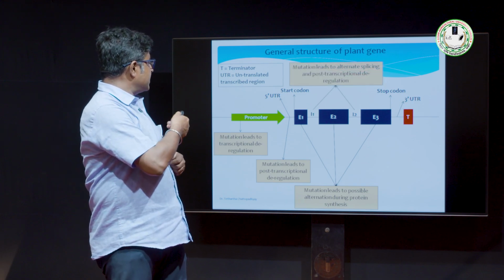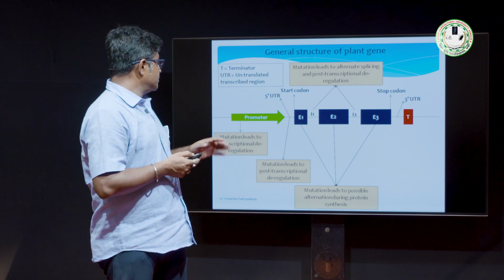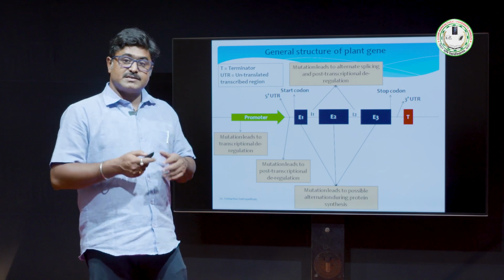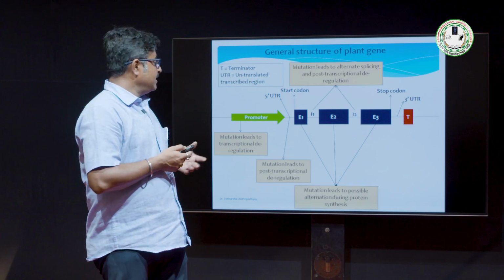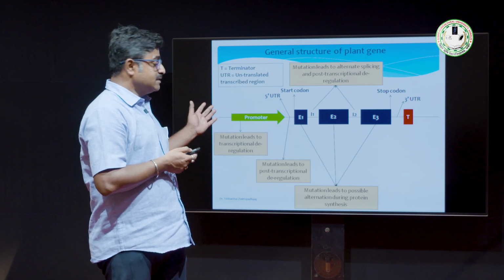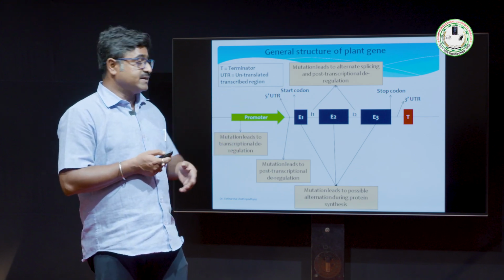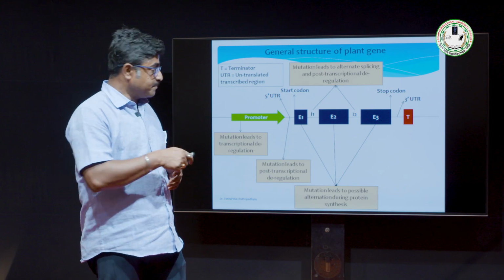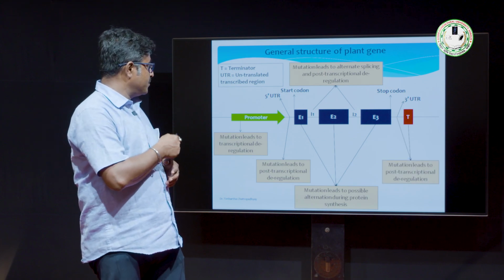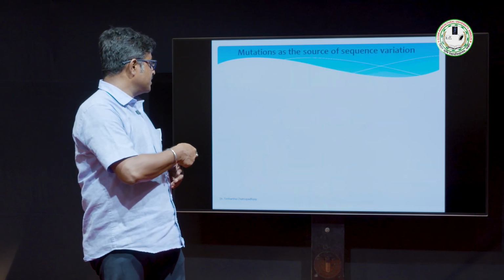So mutation in the intronic regions may also lead to altered function, because you know that the proper removal of the introns from the exons is sequence dependent, and if the sequences in the splicing donor and acceptor sites are changed, then some introns may remain in the transcript, which can go for alternate splicing and non-canonical splicing. So these are the regions where mutation in the 3' UTR again can go for some post-transcriptional deregulation.